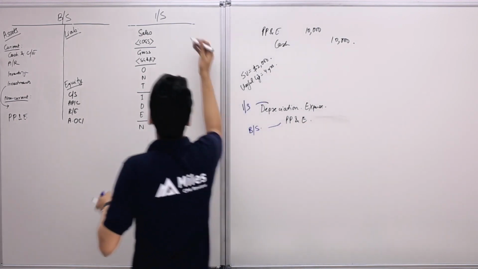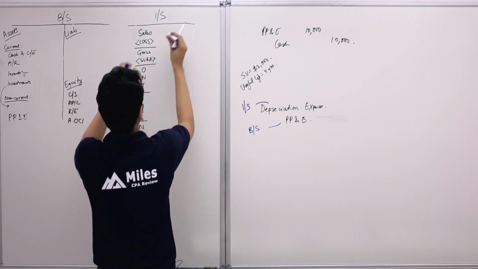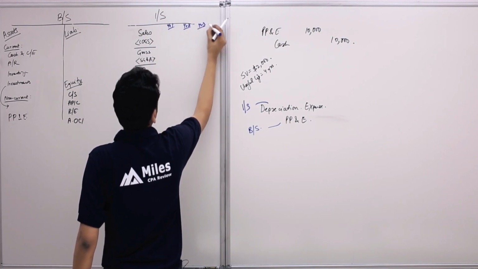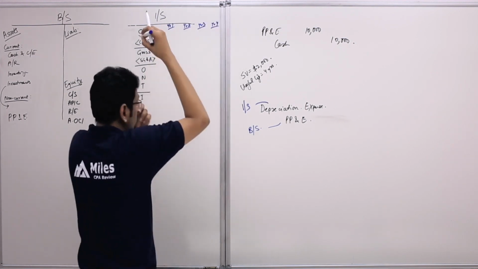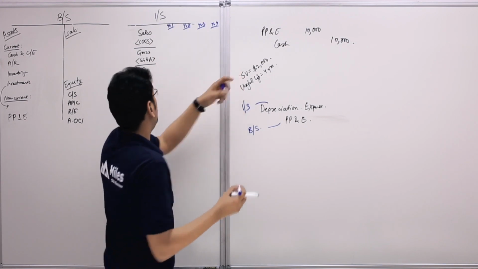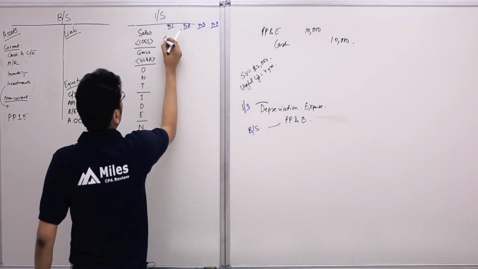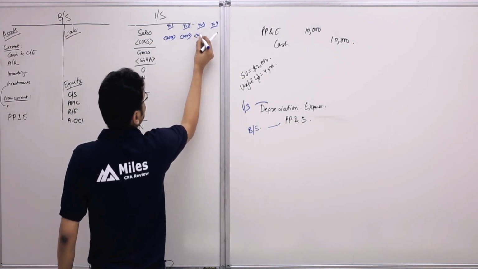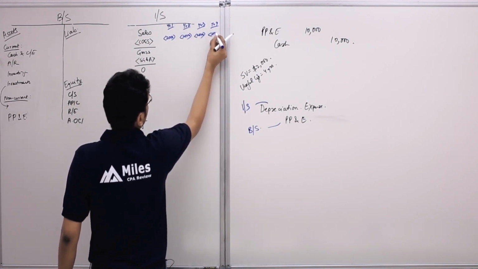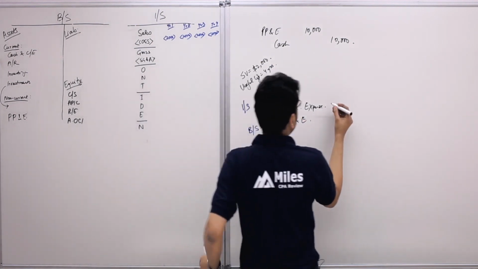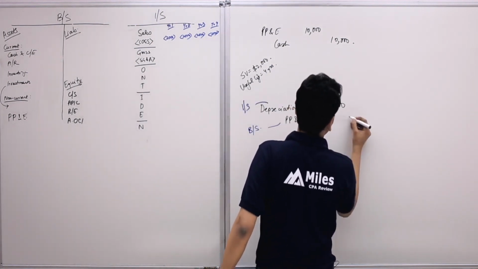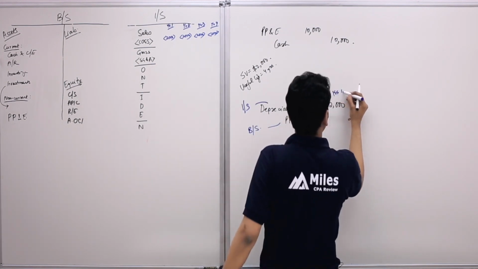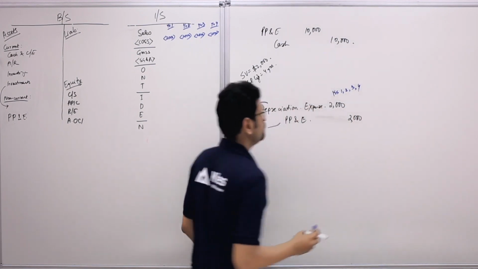So let us say we're taking years 1, 2, 3 and 4. This is a factory machine and we're going to depreciate it $2,000 in year 1, $2,000 in year 2, $2,000 in year 3 and $2,000 in year 4. So we're going to have depreciation expense $2,000 debit, PP&E $2,000 credit, for years 1, 2, 3, 4.